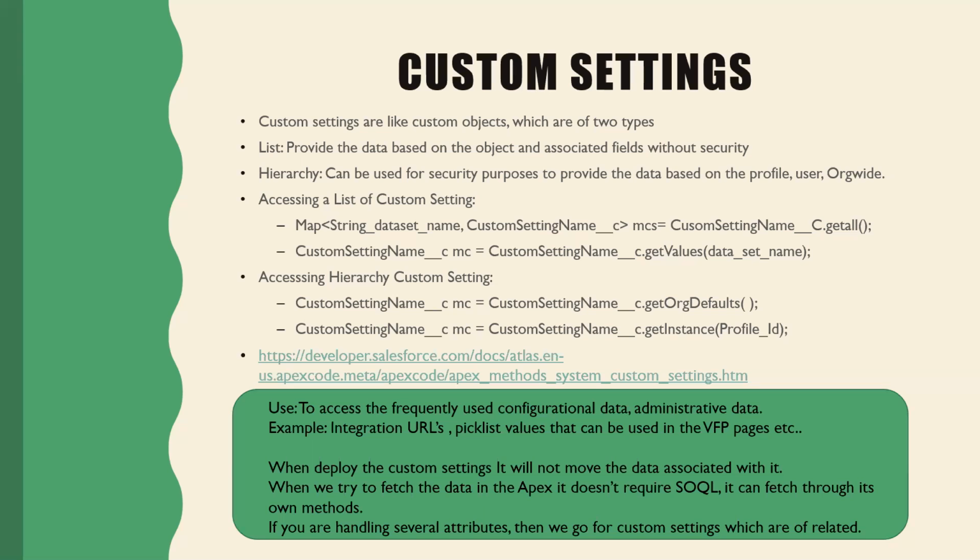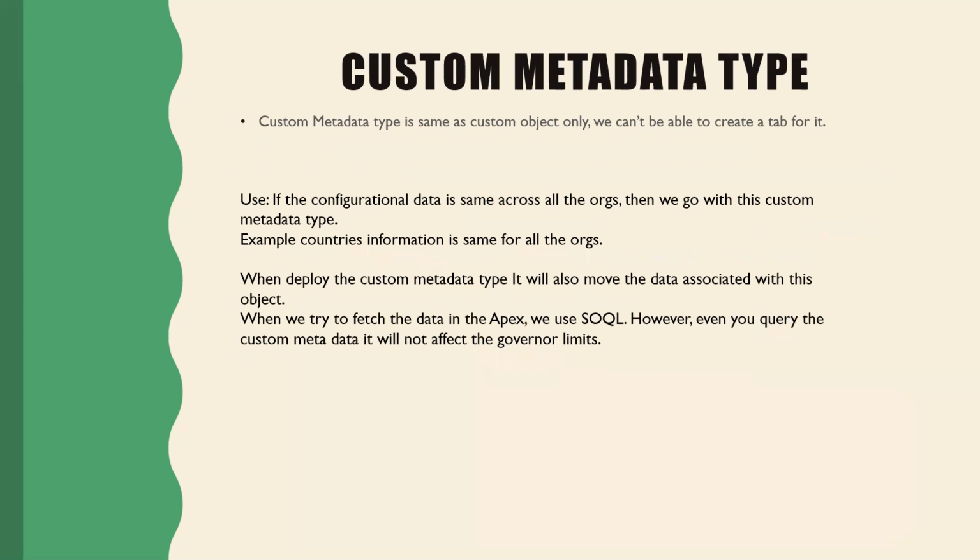Moving on to the next slide, the custom metadata type. This is also the same as a custom object, and the only catch is that we can't create a tab for it. Why do we need this custom metadata type? Use it if the configuration of data is the same across all the orgs.